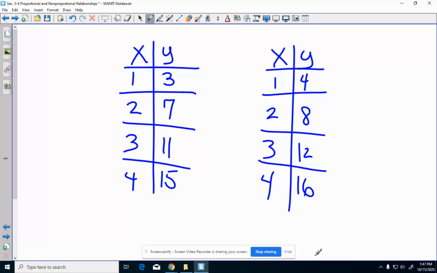What is 7 divided by 2? 3.5. 11 divided by 3? And 15 divided by 4? The point is, every time you do that, you produce a different result. However, this is still a picture of a straight line. But over here, every single time you do this, they get the same number.